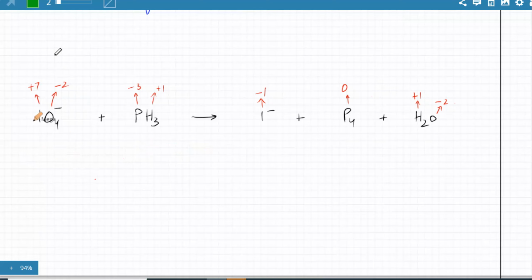Who's getting reduced? And how many electrons is it gaining? Reduction. Okay, so you have I that's getting reduced. Its charge is decreasing from +7 to -1. That means it gains a total of 8 electrons.